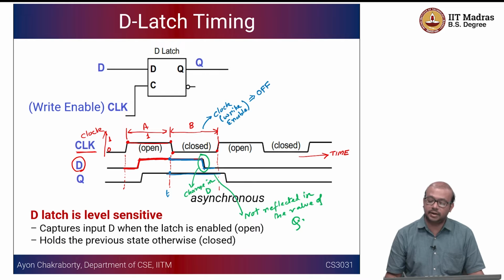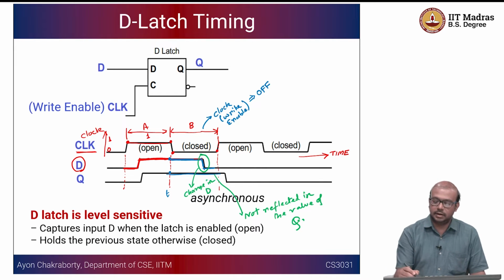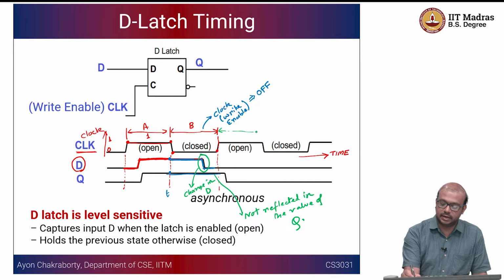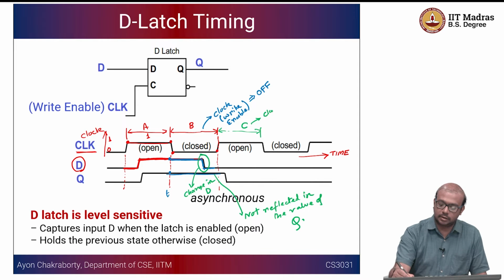When does it get reflected? It gets reflected only in the next clock pulse. Let's say this is segment C. Here your clock is on.